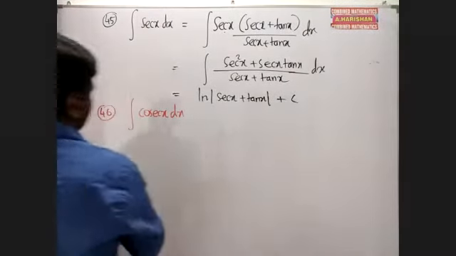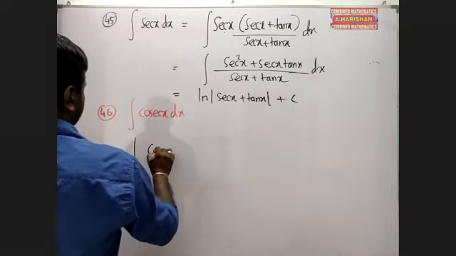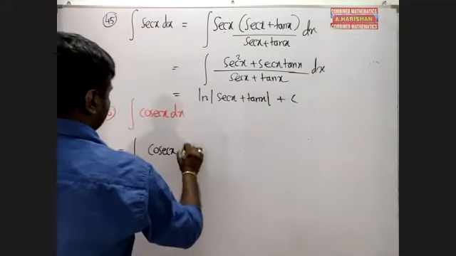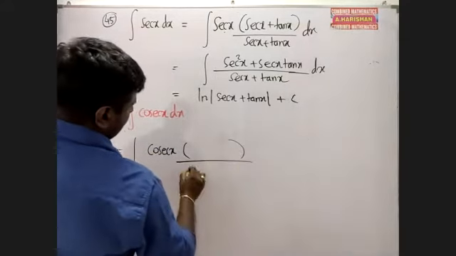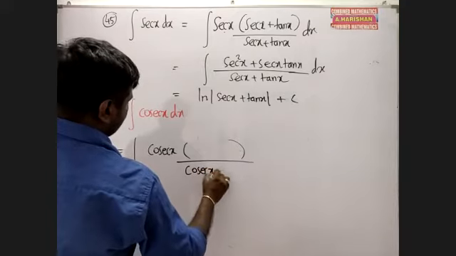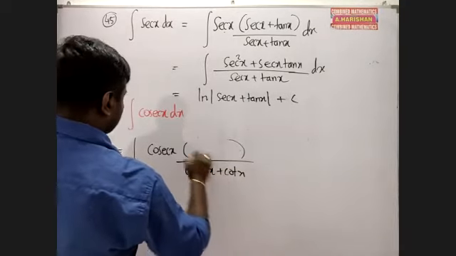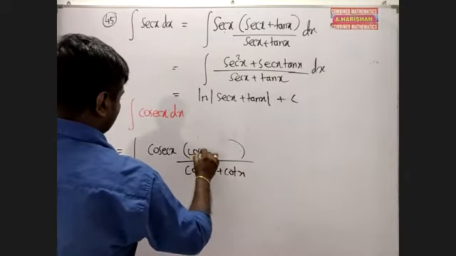The same way cosec x. You multiply top and bottom by cosec x plus cot x.